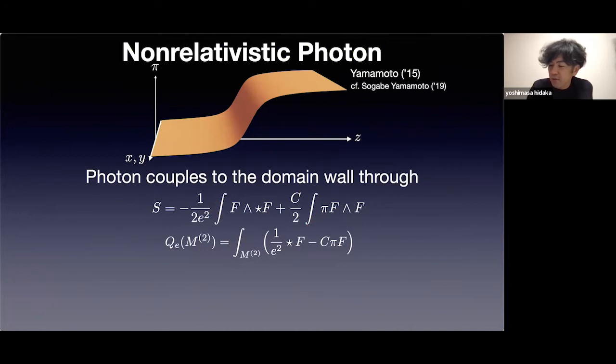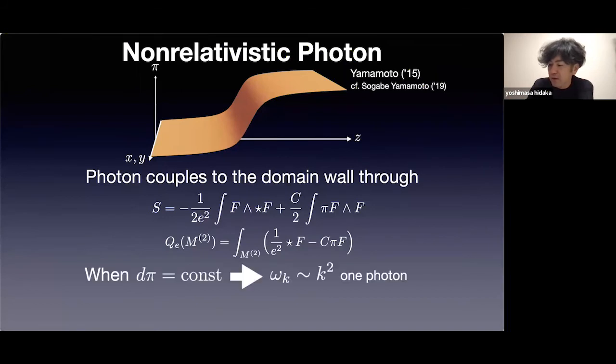This is a simple system, but if you calculate the dispersion relation of this system, you will find some quadratic dispersion of the photon. If this term is absent, there are two photons, one with right-handed helicity and one with left-handed helicity. But if this term exists, only one gapless photon exists.